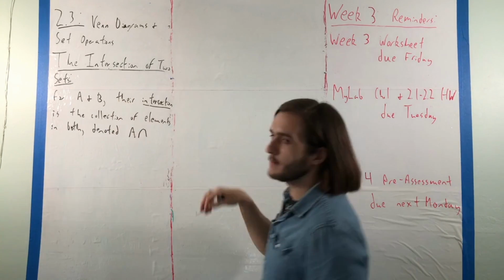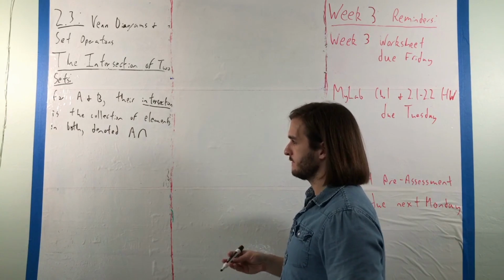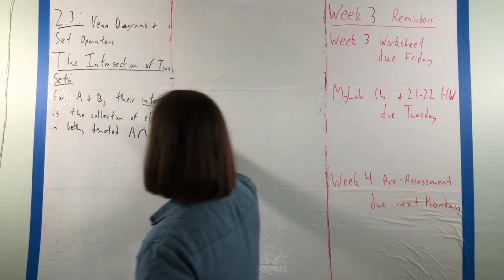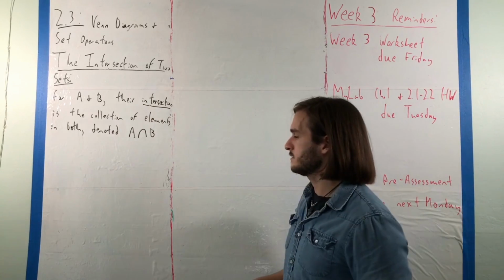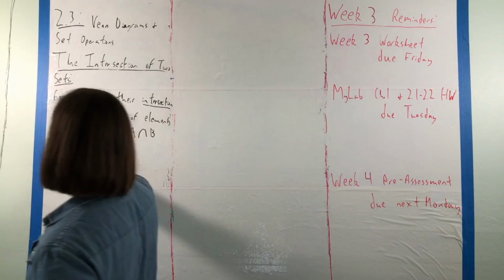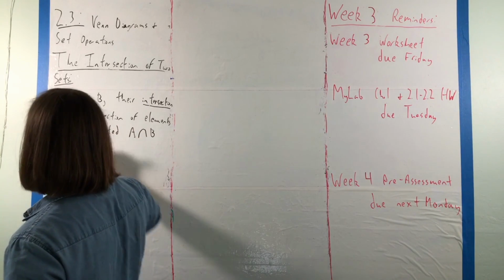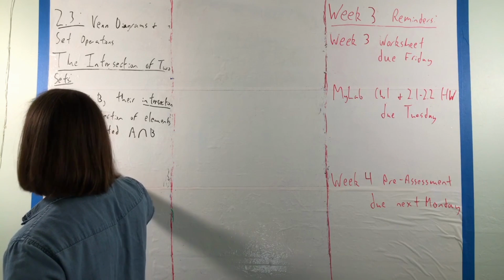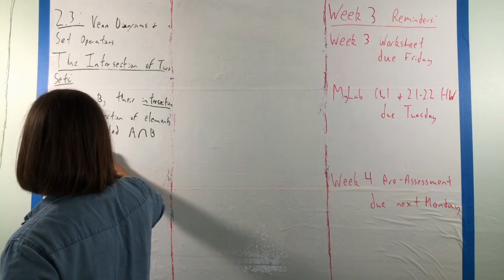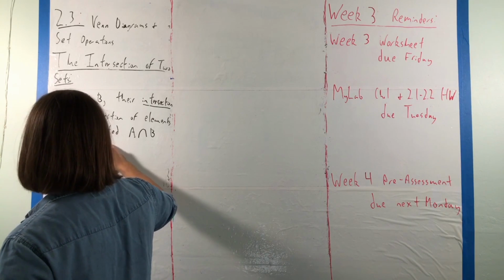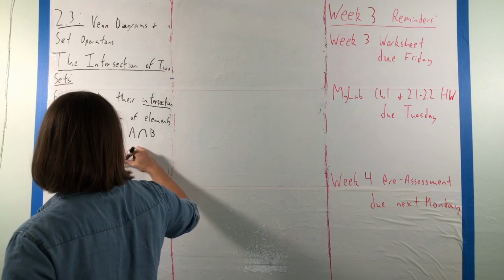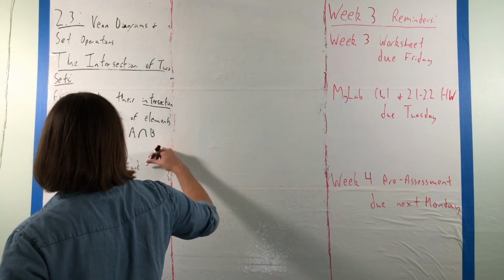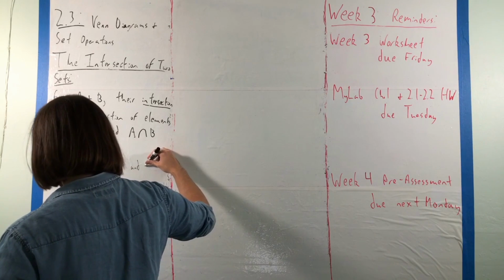It looks like a little bump like that, or like a very large lowercase n, but it is A intersect B, where, if we want to think about this in terms of set builder notation, we say that A intersect B is equal to the set of elements X, such that X is in A and X is in B.